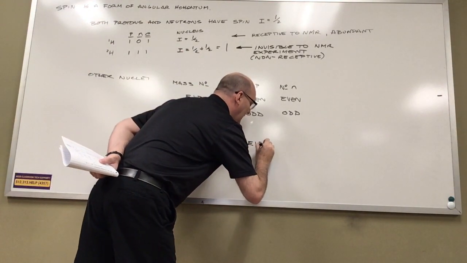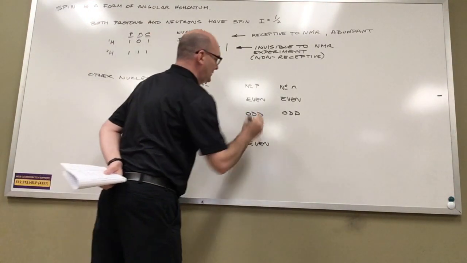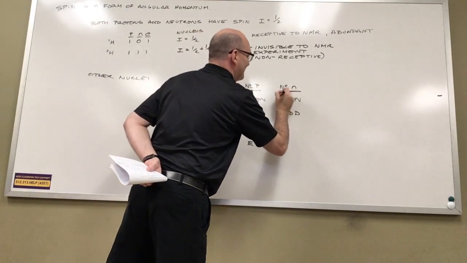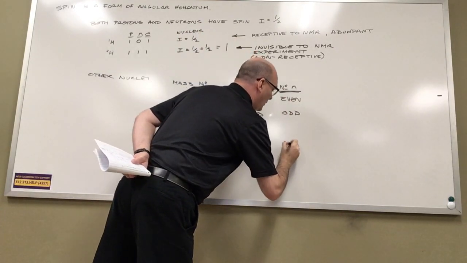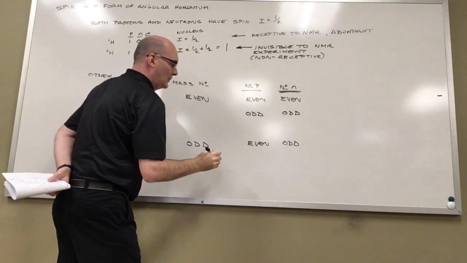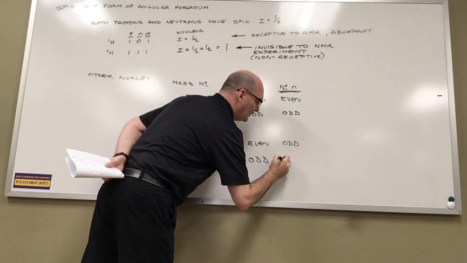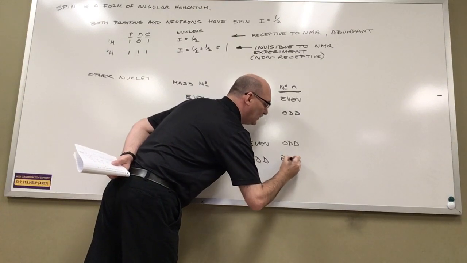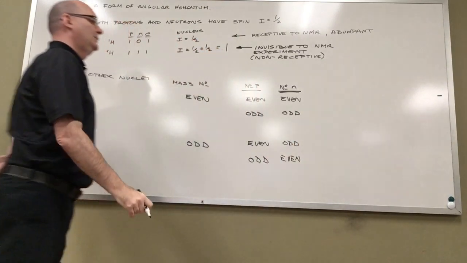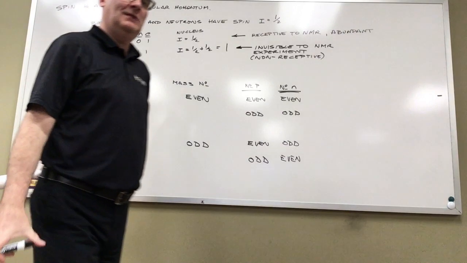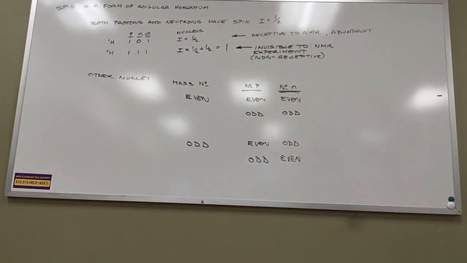You can take an even number of protons and an odd number of neutrons, or you can take an odd number of protons and an even number of neutrons. Okay, so here are my four combinations to get the two outcomes. That is a mass number that is even or a mass number that is odd.